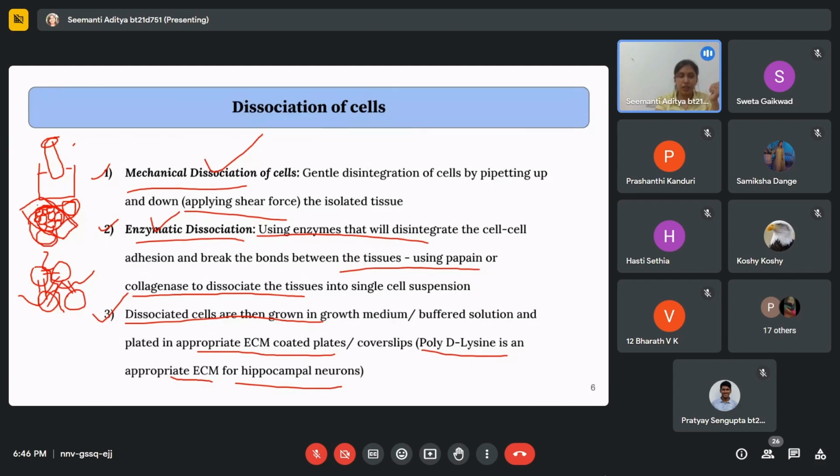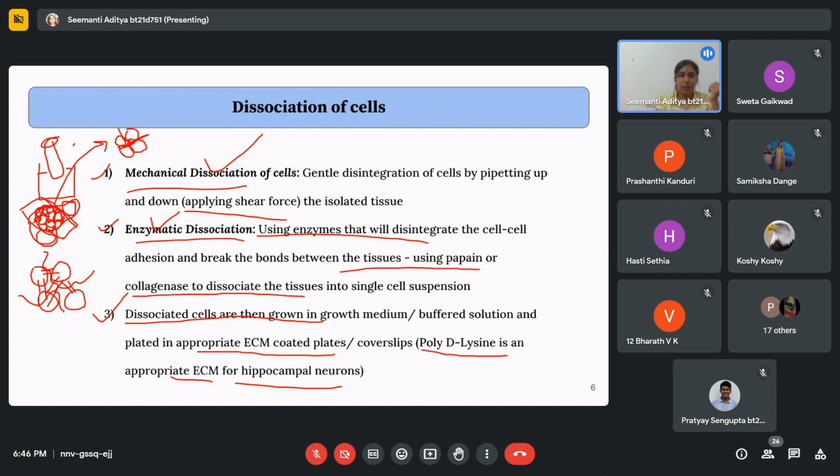This particular tissue we then need to dissociate, and dissociation means we have to break the bonds present between each of these cells. Each of these cells has a particular bond between them. This bond needs to be broken down so that instead of this clump behavior, we break all these bonds between the cells.